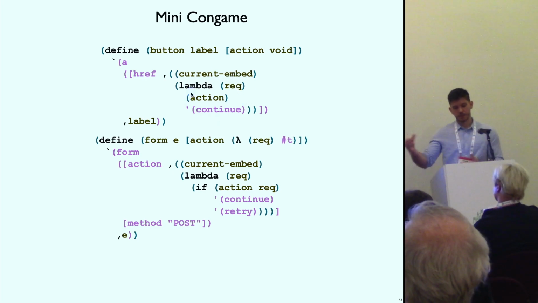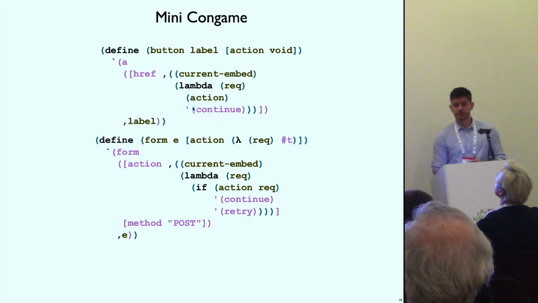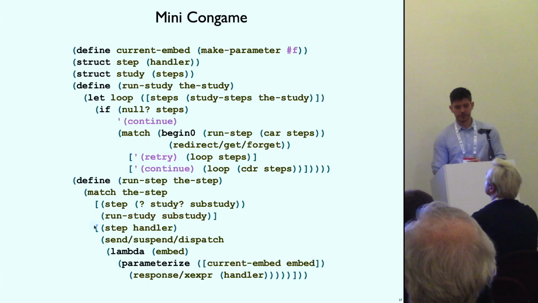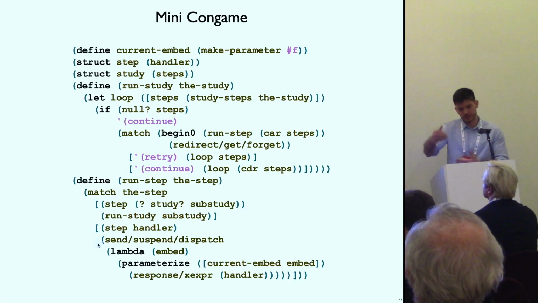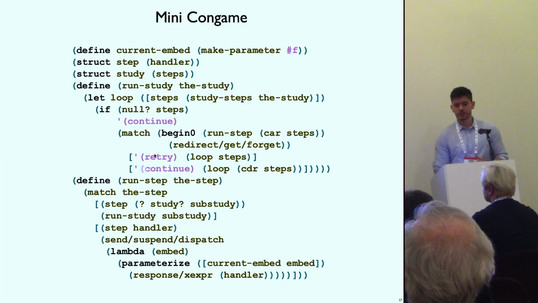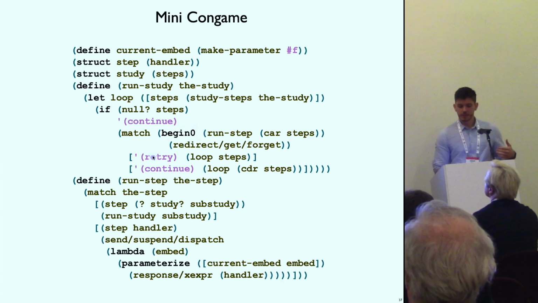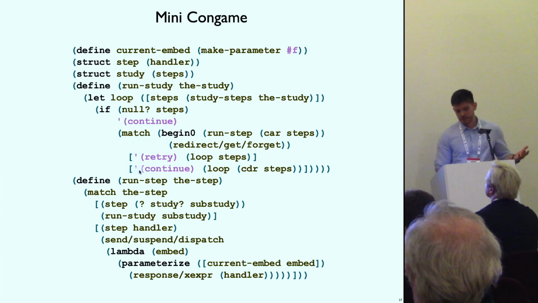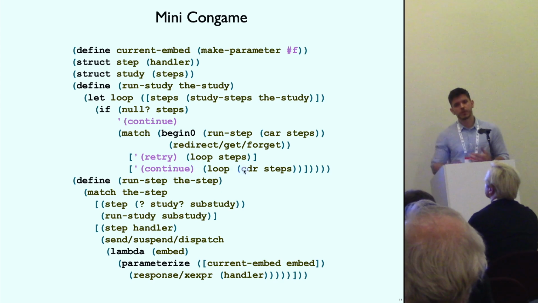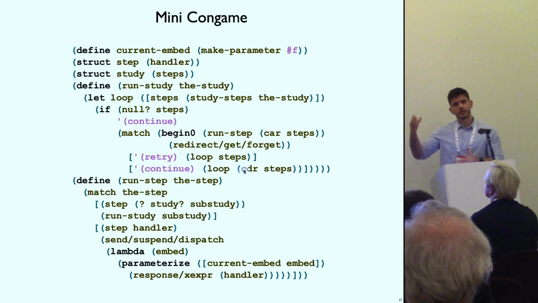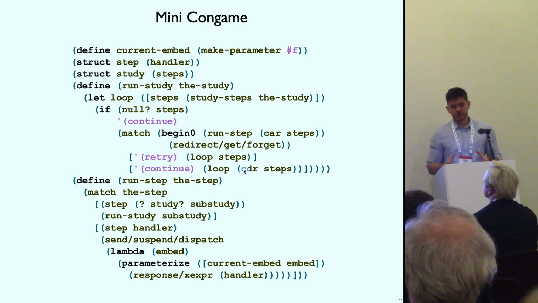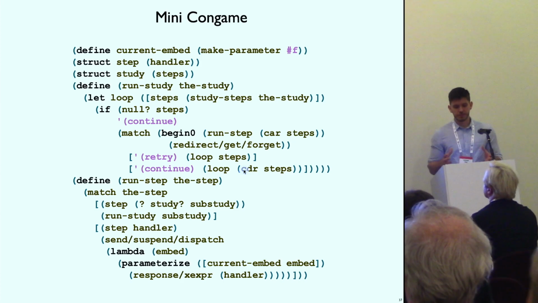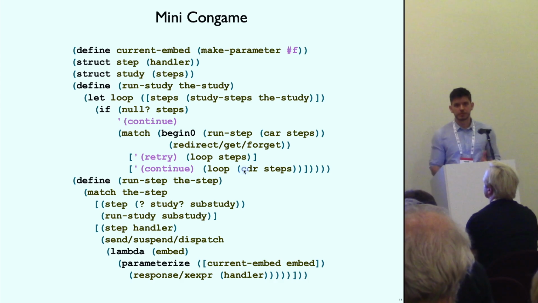And then when this function returns continue, we end up returning continue to the continuation of the send suspend dispatch call. We end up returning from run step, and then we end up matching on the value. In this case, it's going to be continue, so we're just going to move on to the next step, right? And so this looks no different than any sort of tree traversal code that you might write.